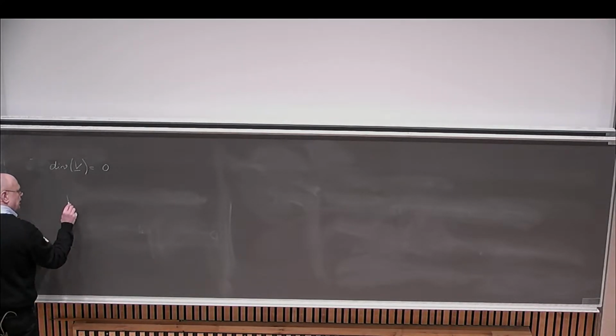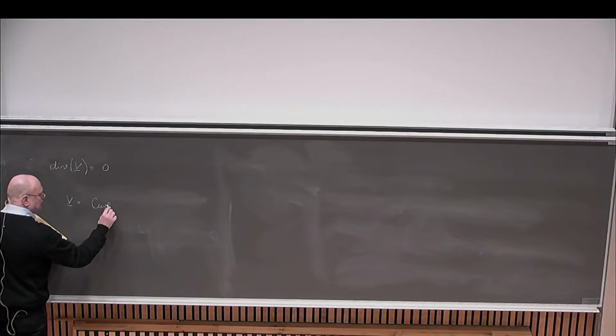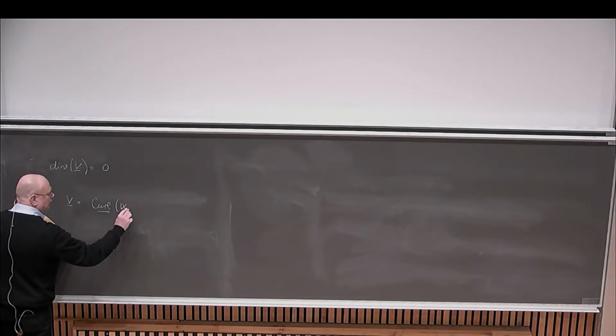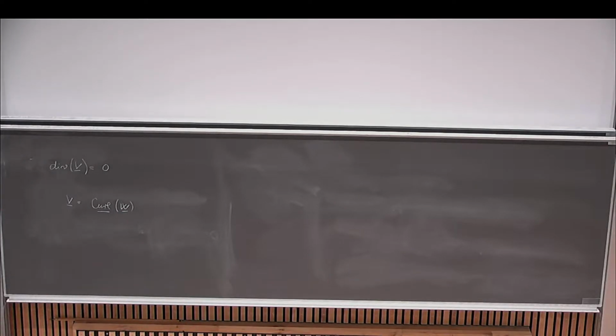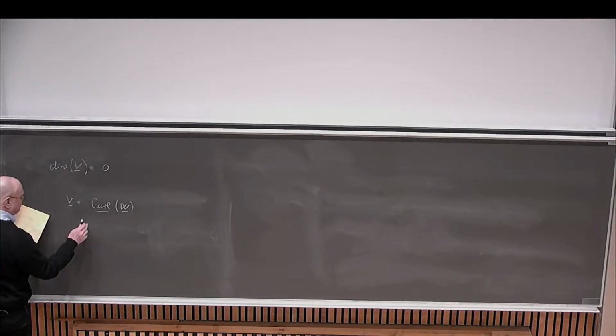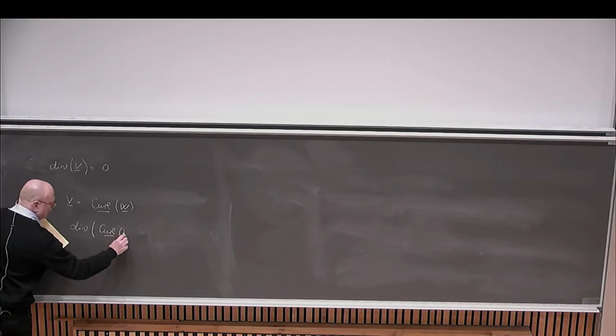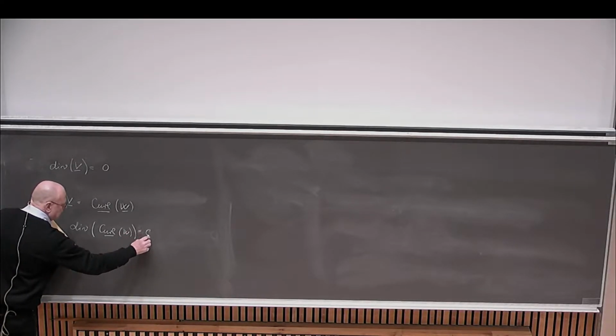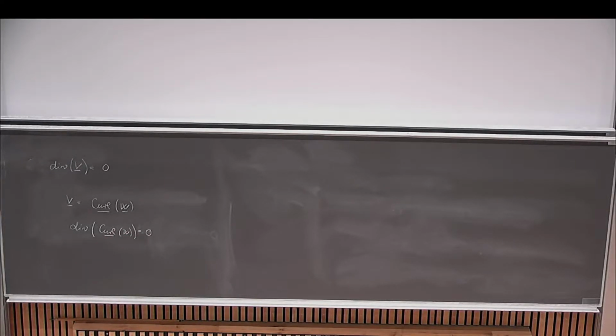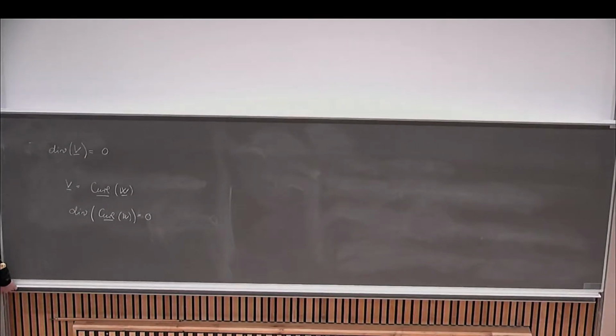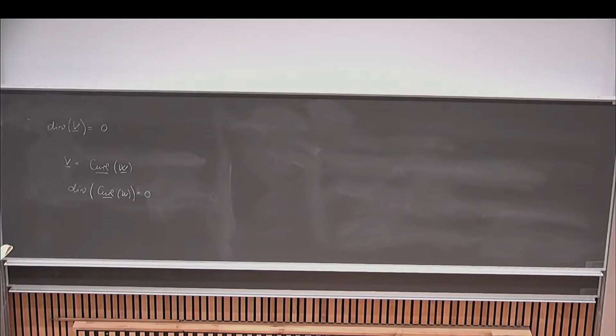And there are many vector fields that have 0 divergence, particularly if you can write your vector field as the curl of another vector field. If you can do that, then the divergence is 0, because the divergence of the curl of a vector field is 0. And this is simple to prove. Just write down the components of these vectors and you will see it.